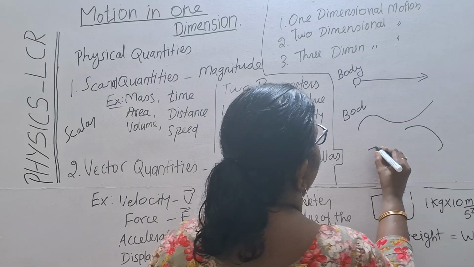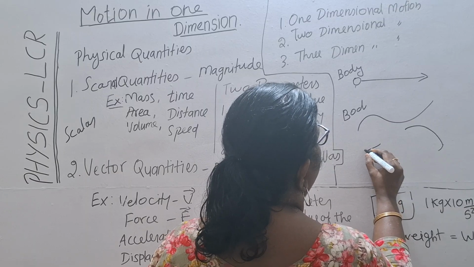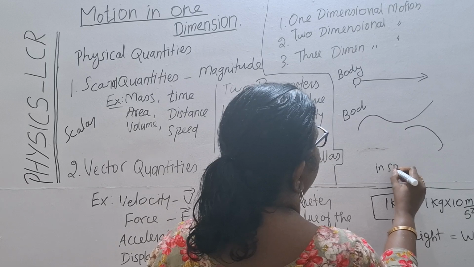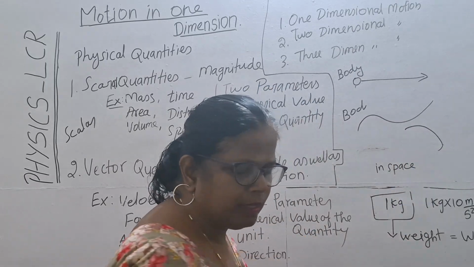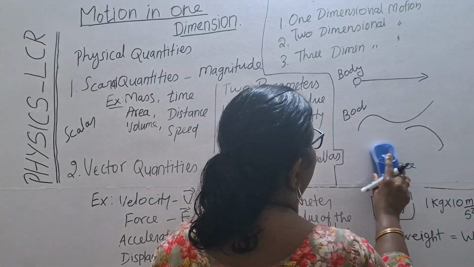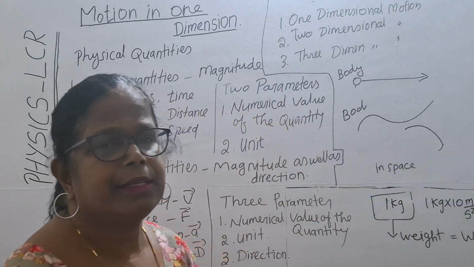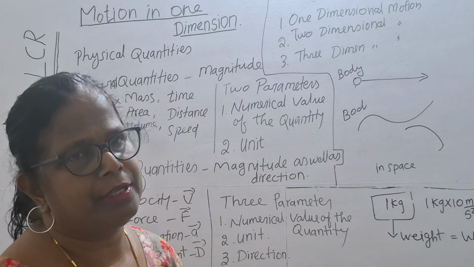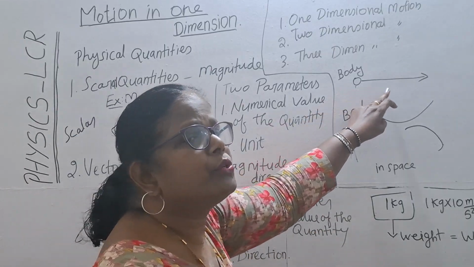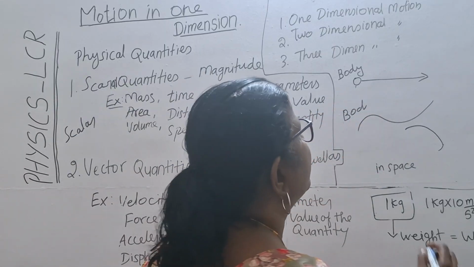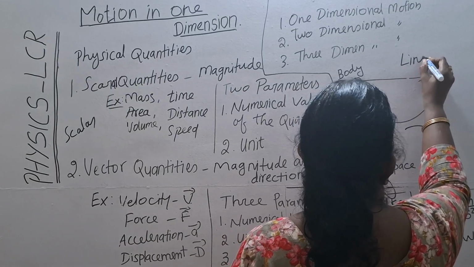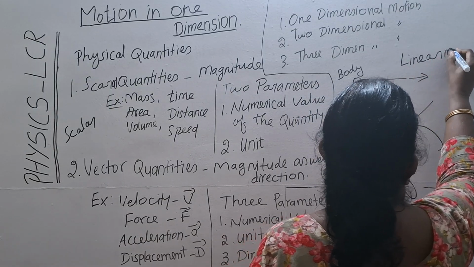Body actually flying in space. Aircraft, aeroplane, these are the things flying in a sky. It is called 3-dimensional motion. 1-dimensional motion is also known as linear motion.